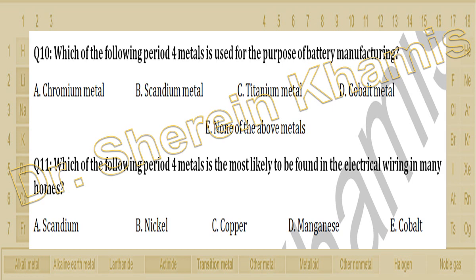We have chromium metal, scandium metal, titanium, cobalt, and none of the above metals. Do you think one of these will be used in battery manufacturing? I think none of the above. We have the nickel metal that is used in car batteries to make them rechargeable, so the answer will be none of the above metals.